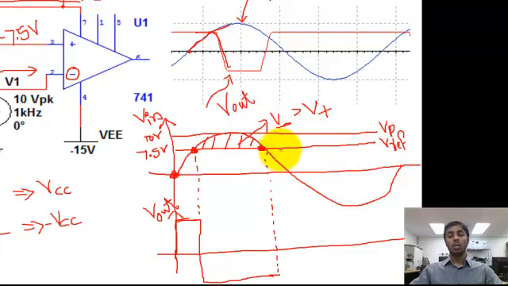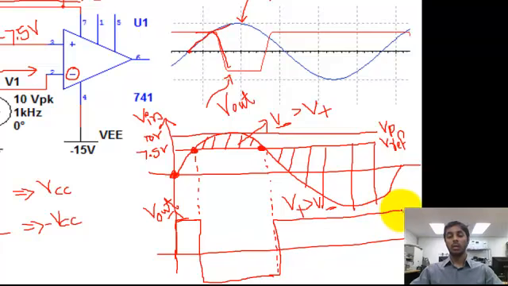Right after that point, the rest of the signal falls below the reference, so the reference is greater. In this particular case, V positive is greater than V negative, so the output will shoot to a positive until the rest of the signal.